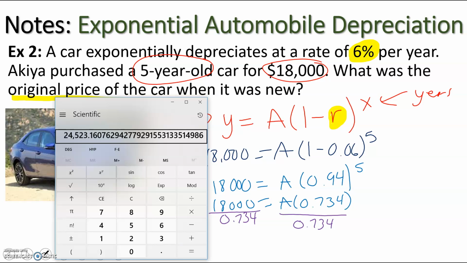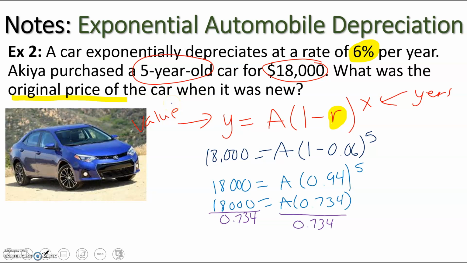And we see that the original value of the car is about $24,523.16. So 24,523 and 16 cents. So the value of the car when new was about $24,523.